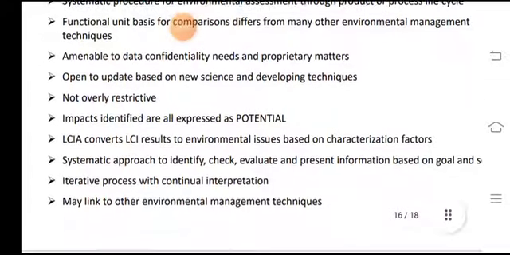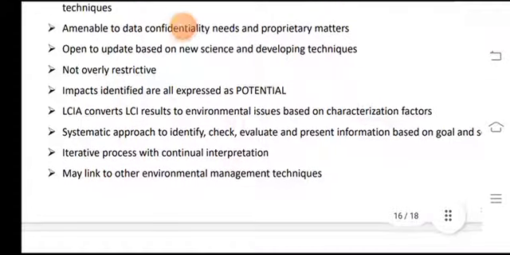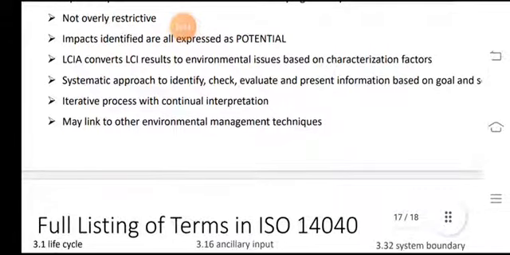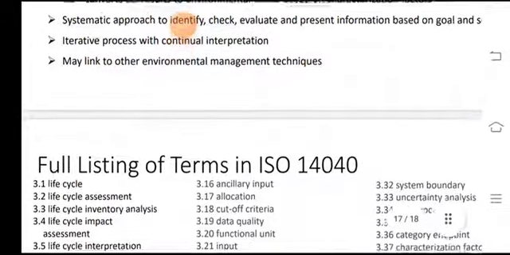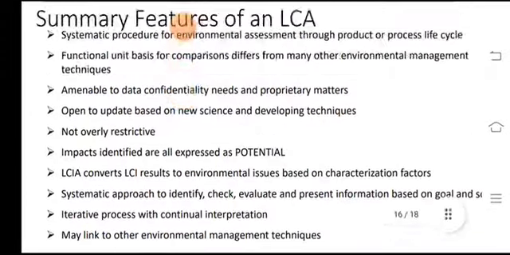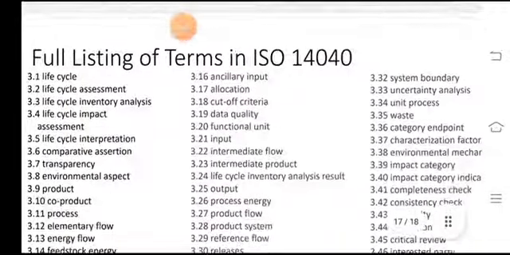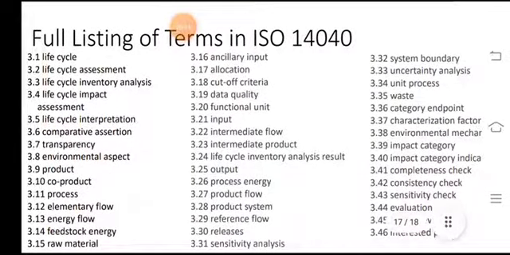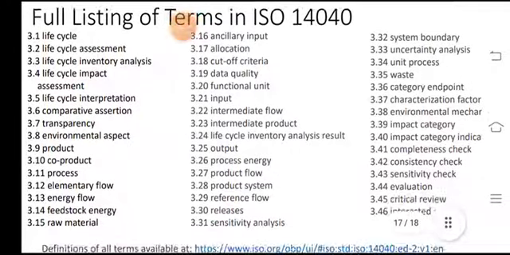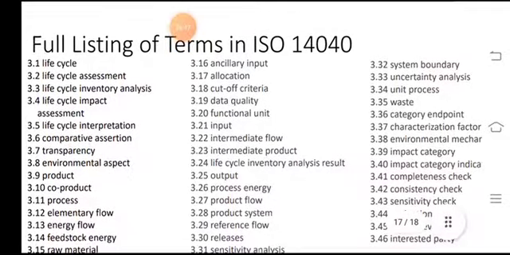Then we have LCIA converted to LCI results to environmental issues based on characterization factor. So please go through these. And then this is the full list of ISO series, how to conduct ISO 14040.